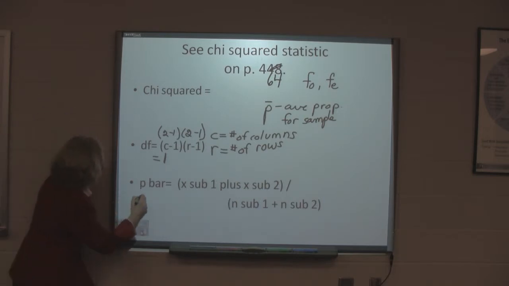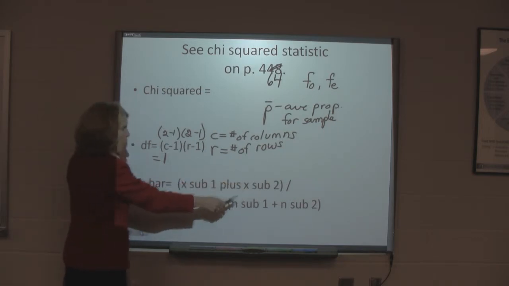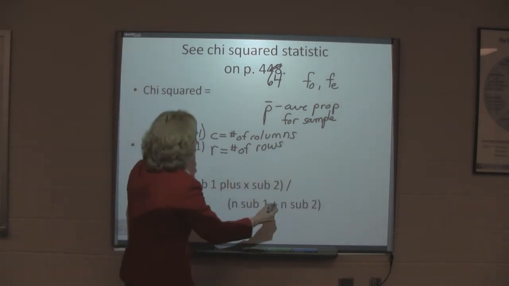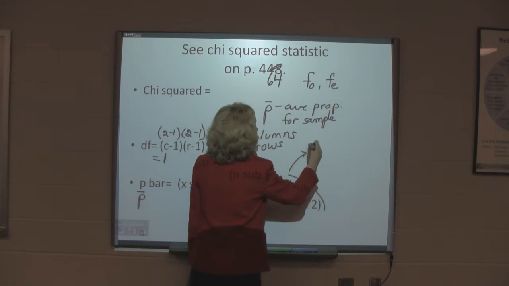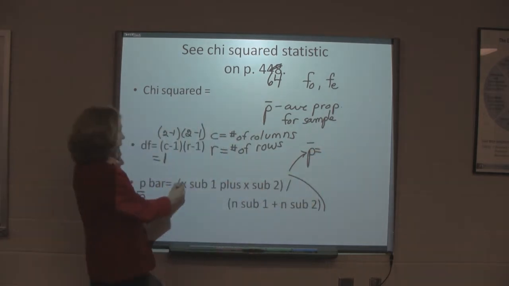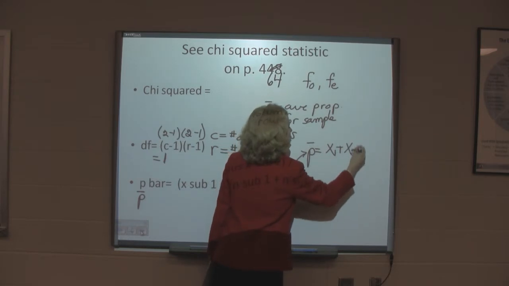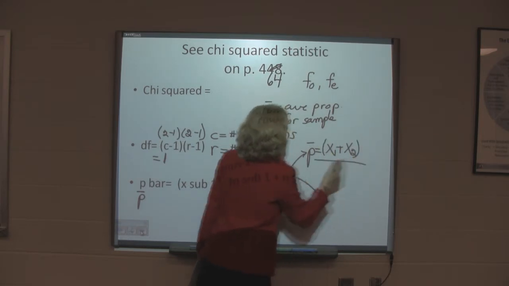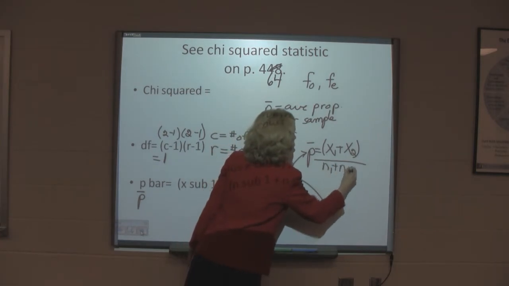Now, P bar. P bar is going to equal x sub 1 plus x sub 2 over n sub 1 plus n sub 2. This looks like this. P bar equals x sub 1 plus x sub 2 over n sub 1 plus n sub 2.